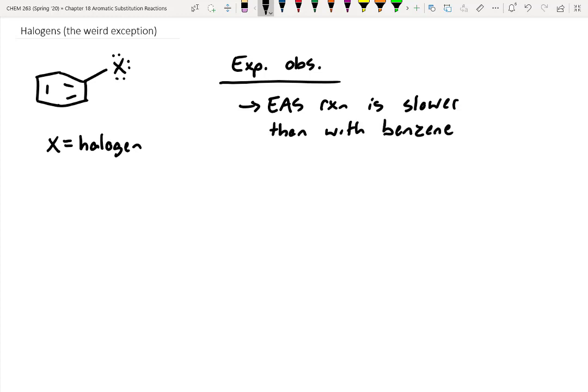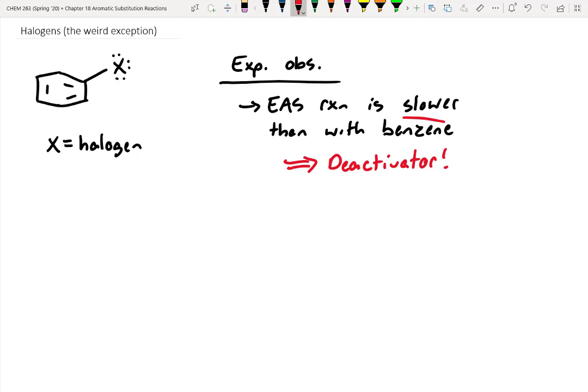All right, so that's a good experimental observation. Question is, does that mean that it's an activator or a deactivator? In this case, if it's going slower, that means that it must be a deactivator. So that's one experimental observation that we've seen.